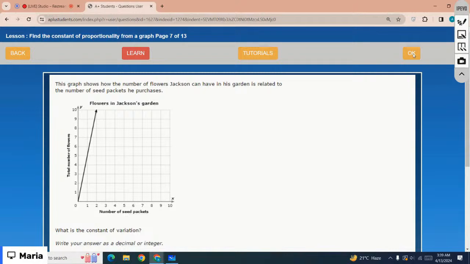The graph shows how the number of flowers Jackson can have in his garden is related to the number of seed packets he has. What is the constant of variation? Which is the correct option?